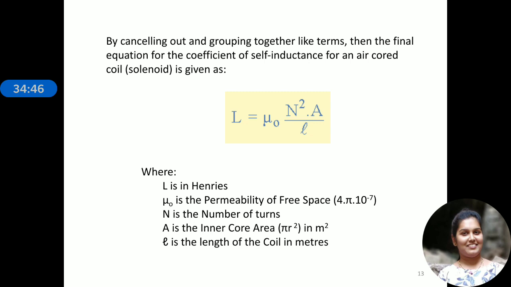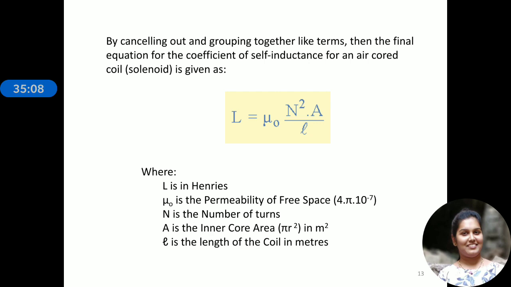Mu naught is the permeability of free space. It has a constant value 4 pi into 10 power minus 7, a constant value that you can remember, where N is the number of turns, A is the inner core area in meter square, and L is the length of the coil in meters.